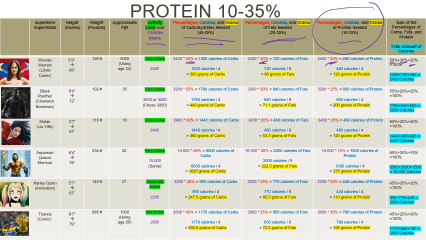We know she needs about 2,400 calories. So we have to multiply this by 20% for protein, which equals 480 calories of protein. Then 480 calories of protein divided by 4 gives you the grams of protein, which is 120 grams.